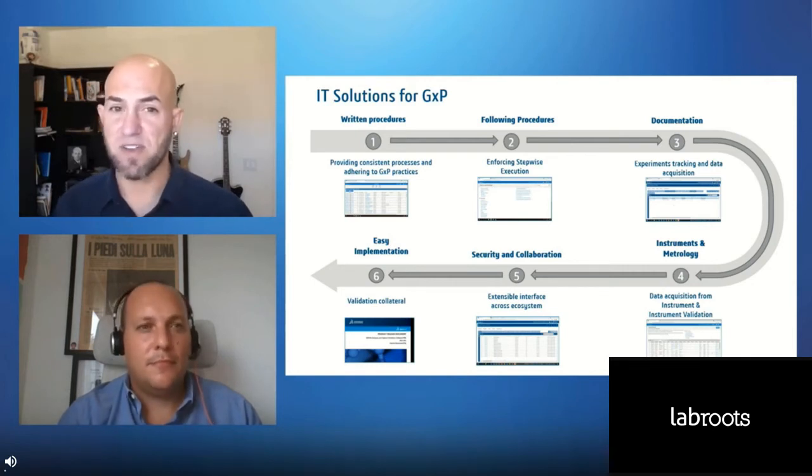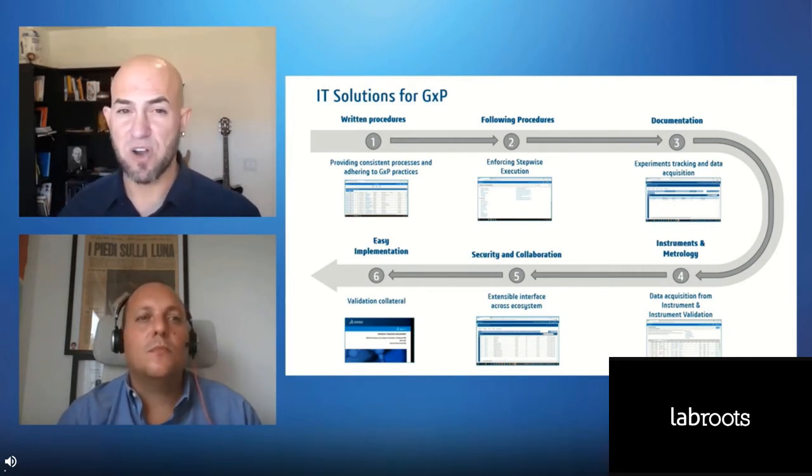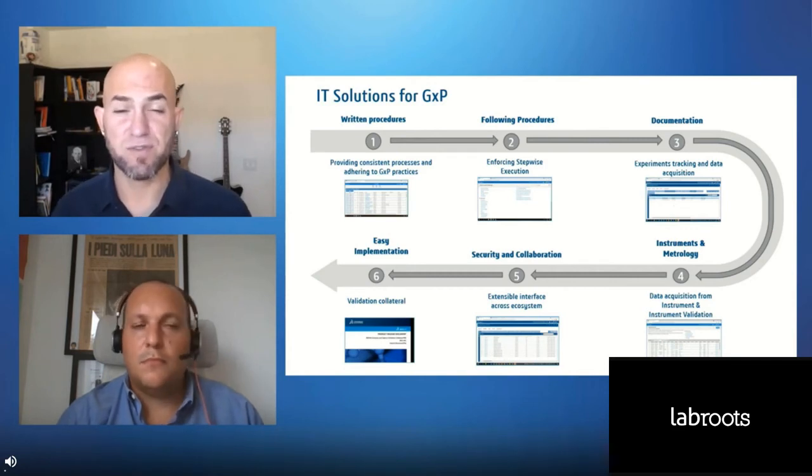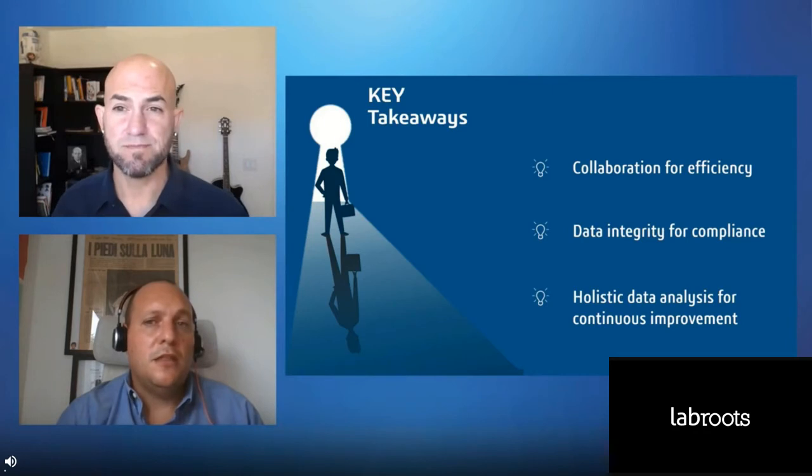Let's dig into that. Let's find out why that is. So you can start pulling in that data, not just internally, but with those collaborators as well, those folks that are in your contract manufacturing network or your contract R&D areas. It's a huge advantage for these organizations. It is indeed.